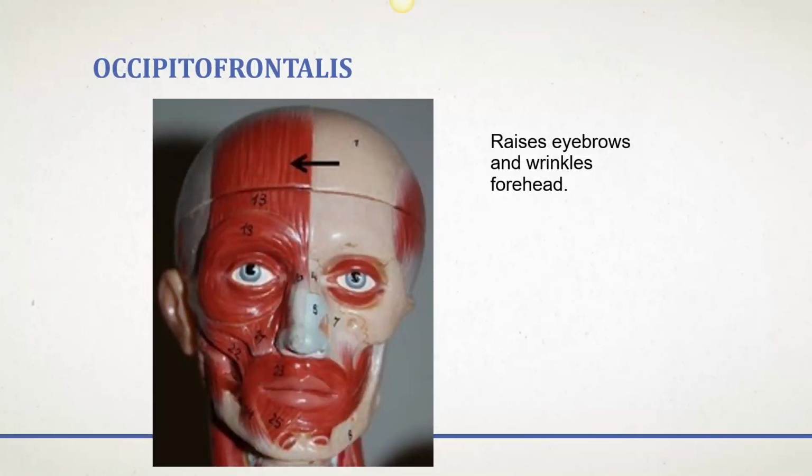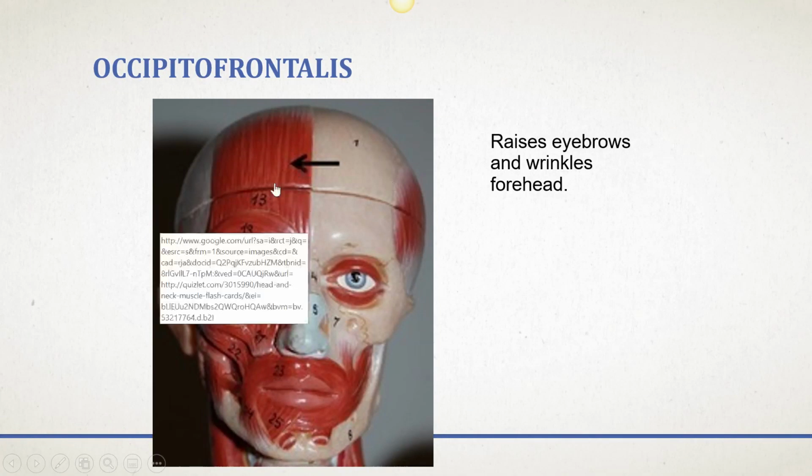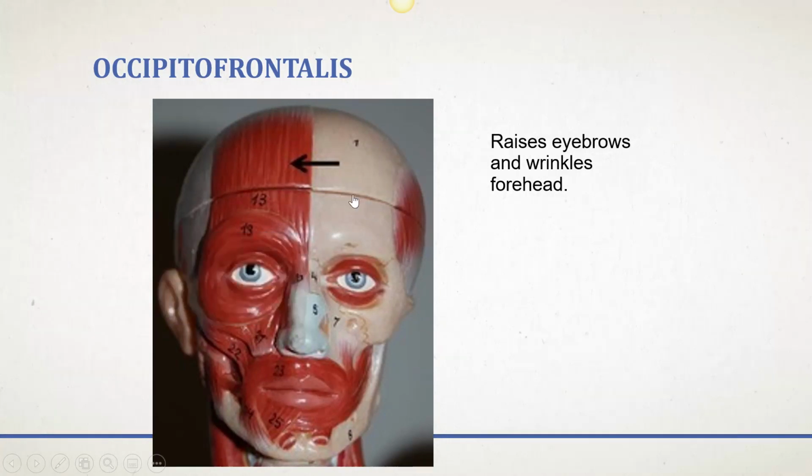The occipital frontalis. This muscle originates in the back of the head and inserts in the frontal region. So occipital frontalis, it originates in the occipital region and inserts in the frontal region.